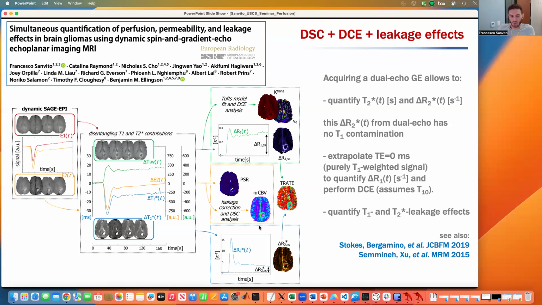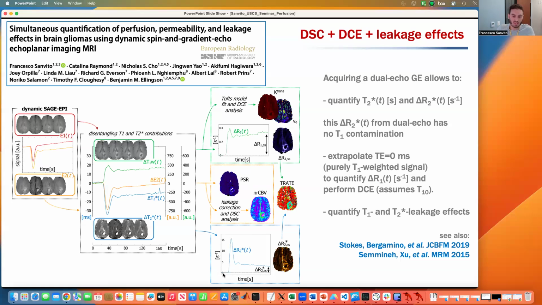The DSC, of course, you can use for DSC analysis, like PSR and CBV. In this study, it's an approximation. It's not really correct to do this, to get PSR and CBV from the same sequence. I mean, it's not ideal, let's say, but let's put this on hold because it is not the main focus of the study.